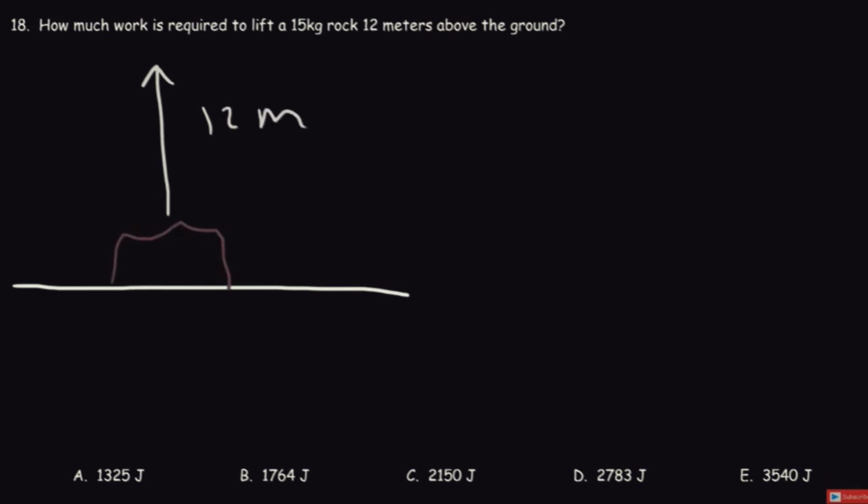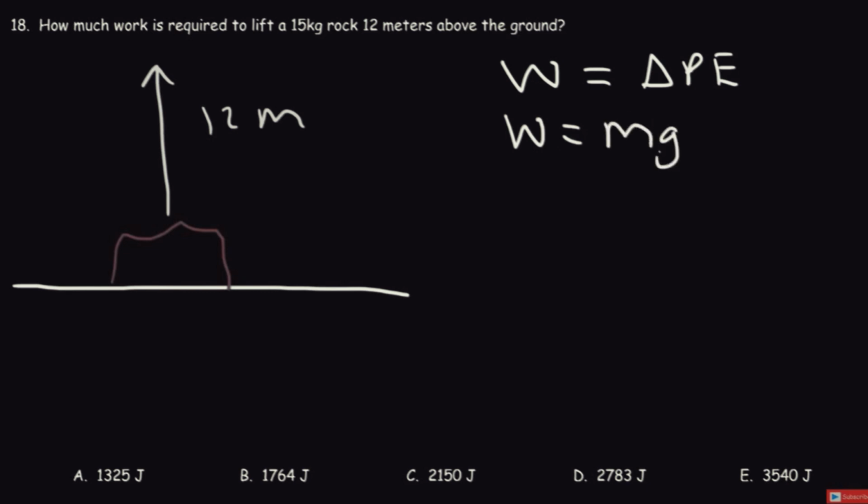How much energy or how much work is required to lift it up? The work required to lift something up at constant speed is equal to the change in the potential energy of the object. So work is equal to mg times the change in height.